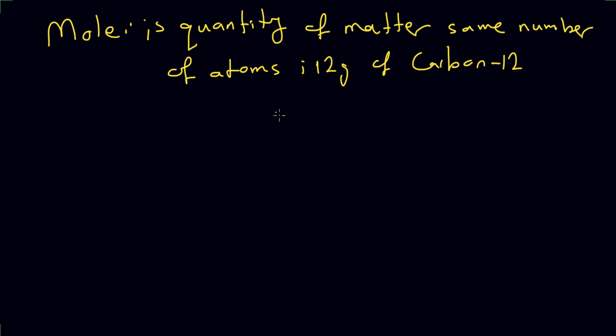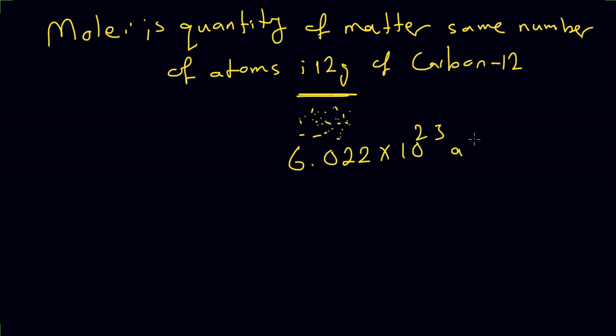So in 12 gram of carbon 12, how many atoms are there? We say 6.022 times 10 to the power 23 atoms, that means 6 hexillion particles, like 6 hexillion atoms.